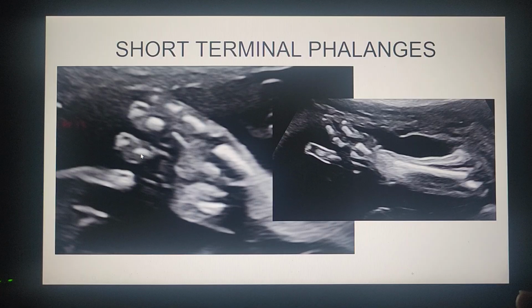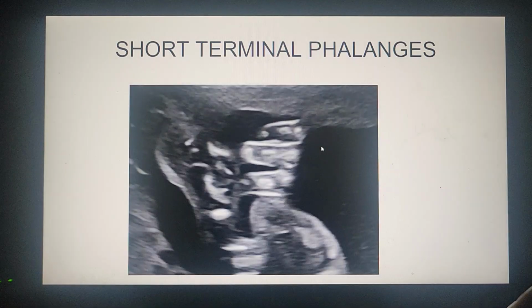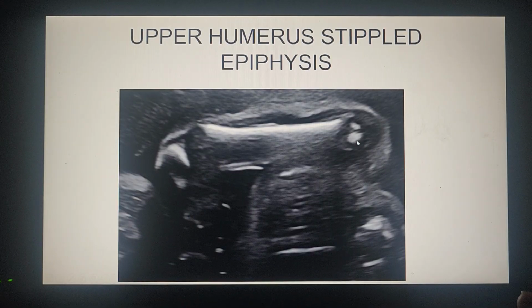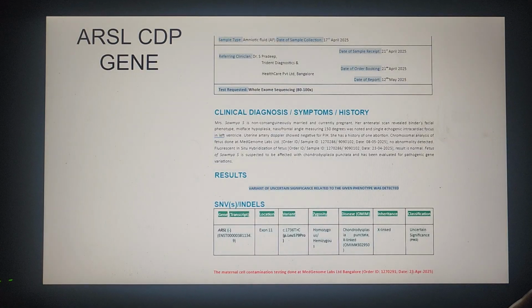You have the middle phalanx and that's the terminal phalanx. So classical brachytelephalanges, classical premature ossification with stippling of upper femoral epiphysis and upper humerus epiphysis. So stippled epiphysis, significant premature ossification of the epiphysis, short terminal phalanges led us to suspect CDP strongly.